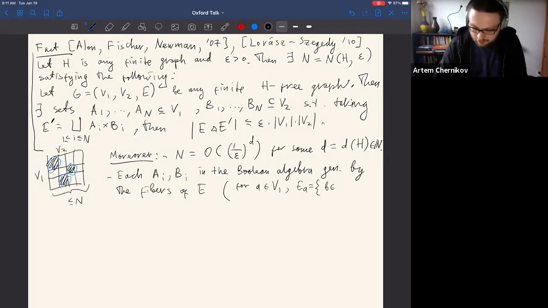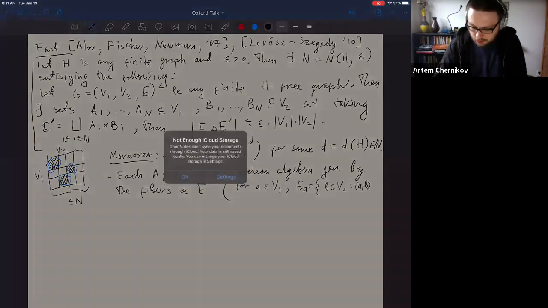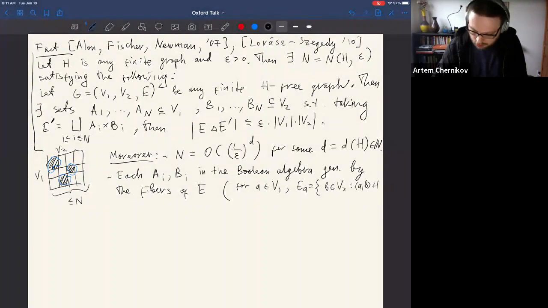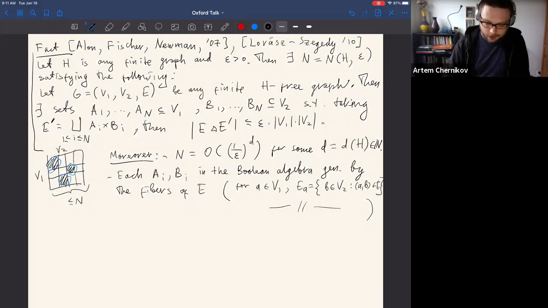This is just the collection of all, let's say, b in V2, such that (a,b) is in E. And similarly for fibers on the other side of the partition. Similarly, we consider subsets of V1 which are given by all elements in V1 which are connected to a fixed point in V2. Okay, so we have these two additional conditions that one can ensure.